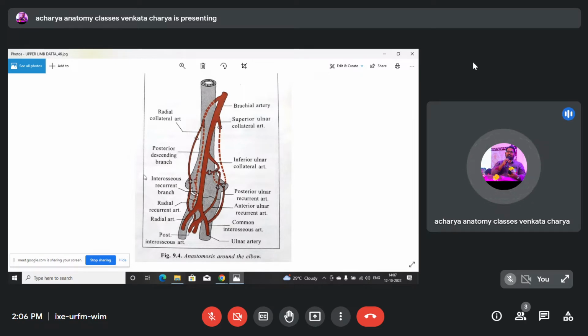Then come to the number 2, second anastomotic point. Descending branch of posterior descending artery.